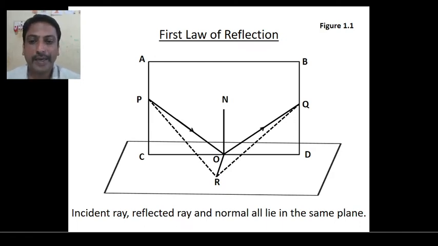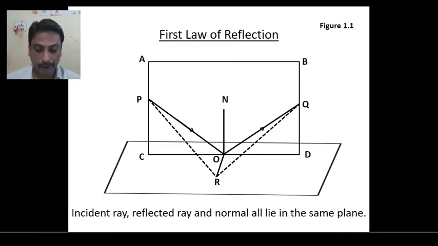In this ABCD plane, there is a point O which is known as the point of incidence. The light is made to be incident along PO and gets reflected along OQ where ON is the normal drawn to the surface. Hence, PO is the incident ray, OQ is the reflected ray and ON is the normal ray. All these, the incident ray, reflected ray and the normal ray, lie in the same plane here.